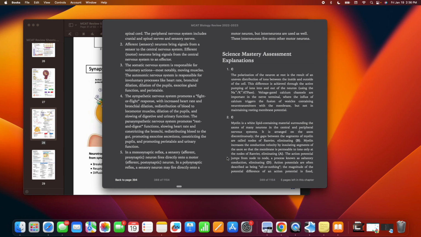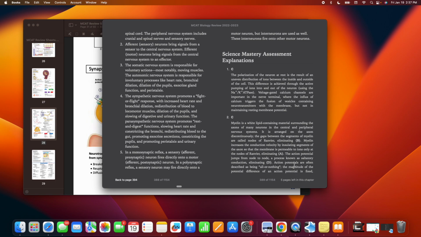So jumping from one node of Ranvier to another node of Ranvier, that is saltatory conduction. And again, these gaps between the nodes of Ranvier, that's where you are accepting ions, right? Those parts of the axonal membrane are permeable to ions.